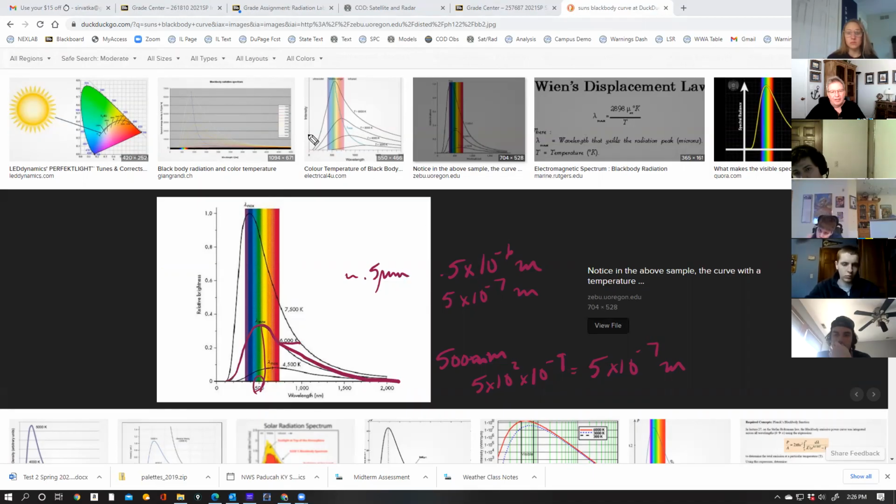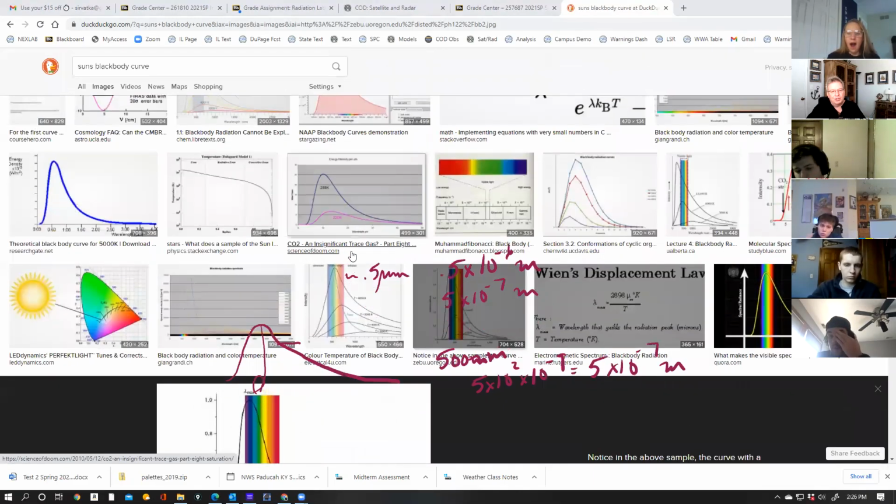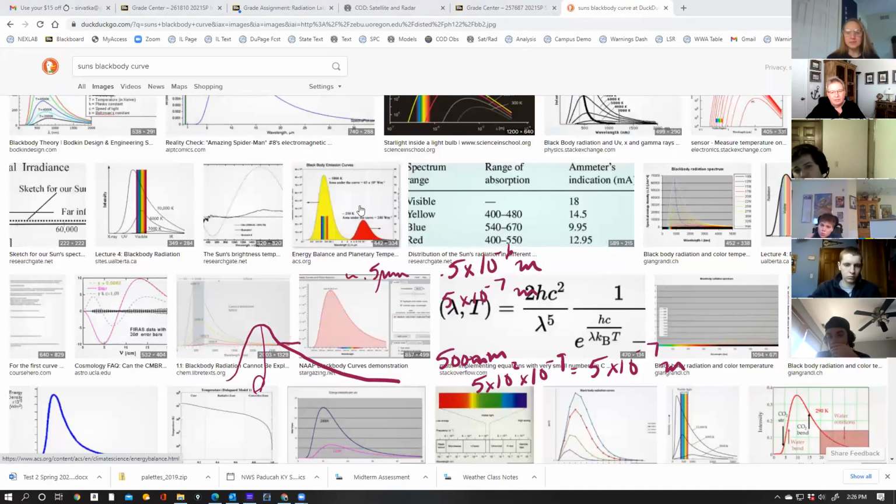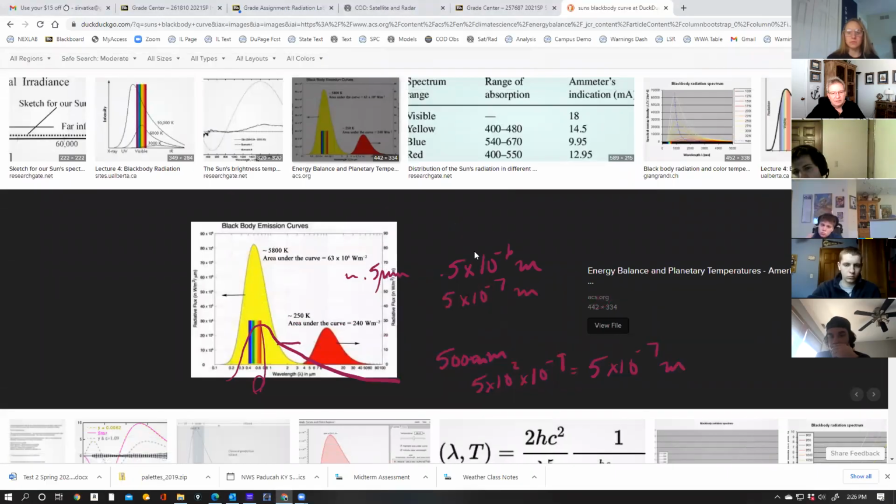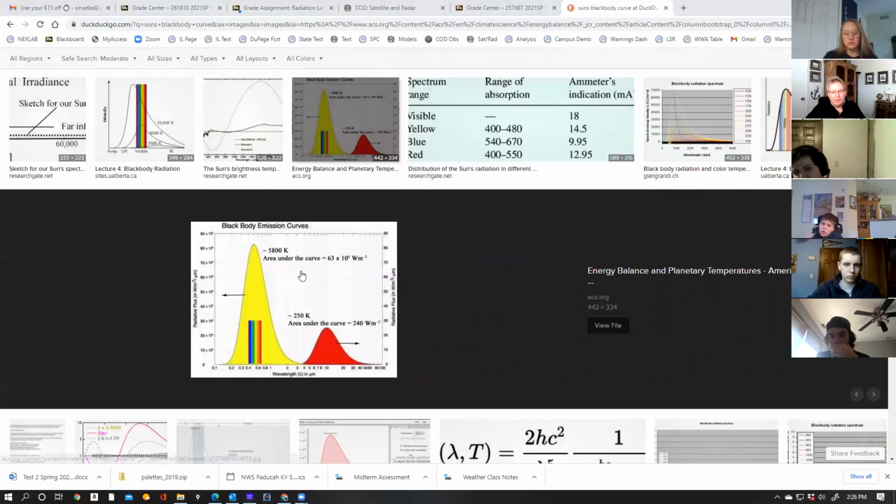There's Wein's displacement law. That's what all of these things are meaning. Okay, so here's these curves, and these curves are just equations that we're plotting out. Here, area underneath the curve is 63 times 76 watts per meter squared. Here's area of the curve, 240 watts per meter squared. Earth, sun, Earth.